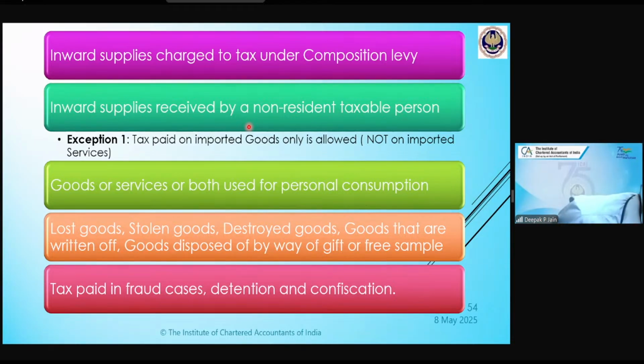So for a non-resident person, local credit will not be available. You will not get the credit for whatever you are buying from India. You will get credit only of those goods which you have imported.